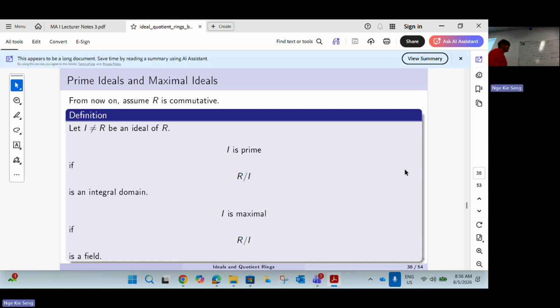The quotient is a different one. If we talk about the quotient, there is an identity, and 0 plus I is the identity.